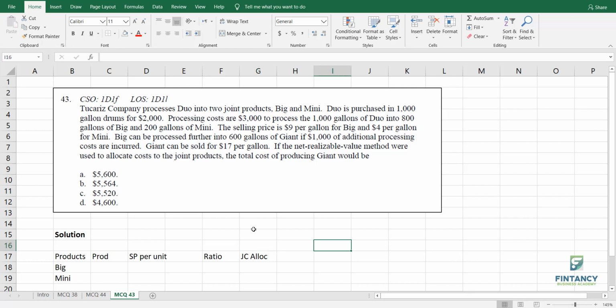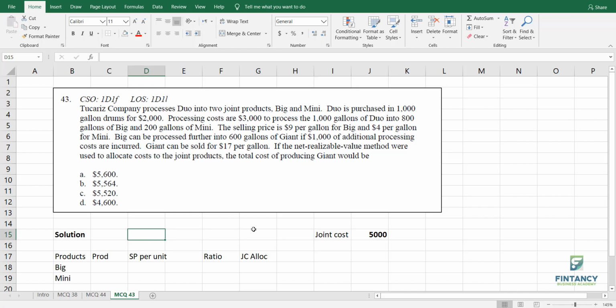Processing costs are $3,000. So can I ask you if you can tell me how much is my joint cost? It is 2,000 plus 3,000, right? So total 5,000 is my joint cost. Okay.